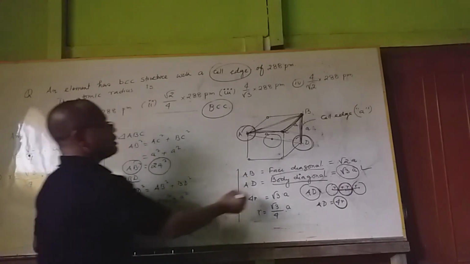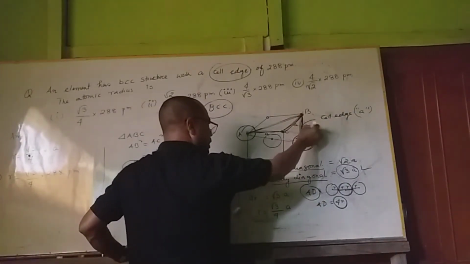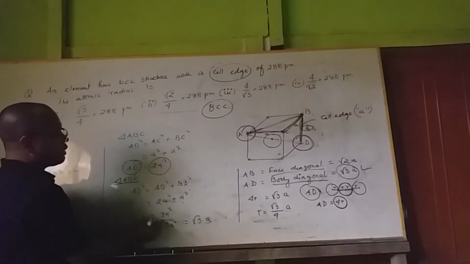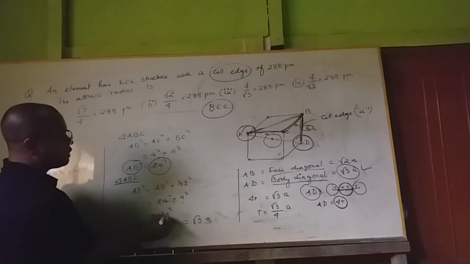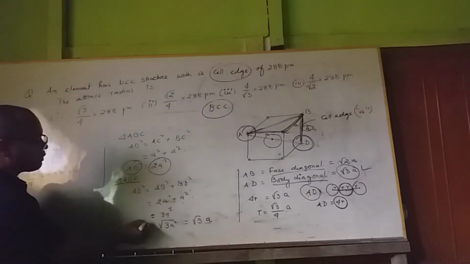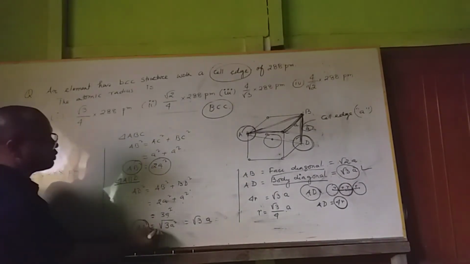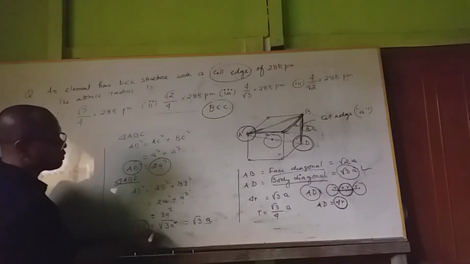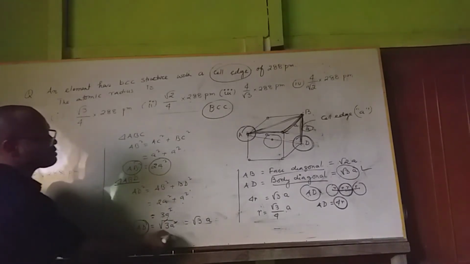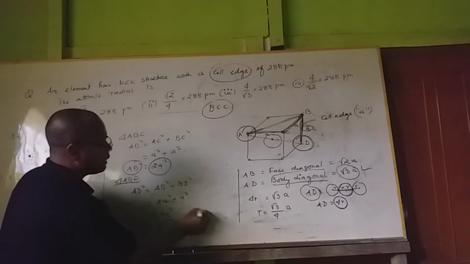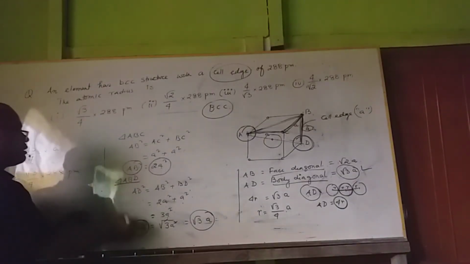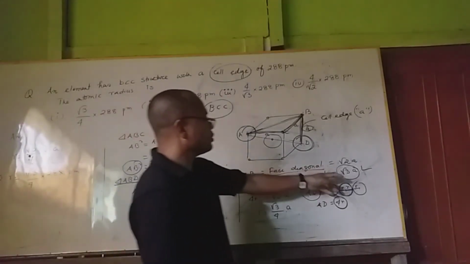And what is BD? That is the length of this side, A, so that is A square. The sum of these two is 3A square. Now we find AD. AD is the root of 3A square. The square and the root cancel, and what remains is root 3 A. So the body diagonal AD is equal to root 3 A.